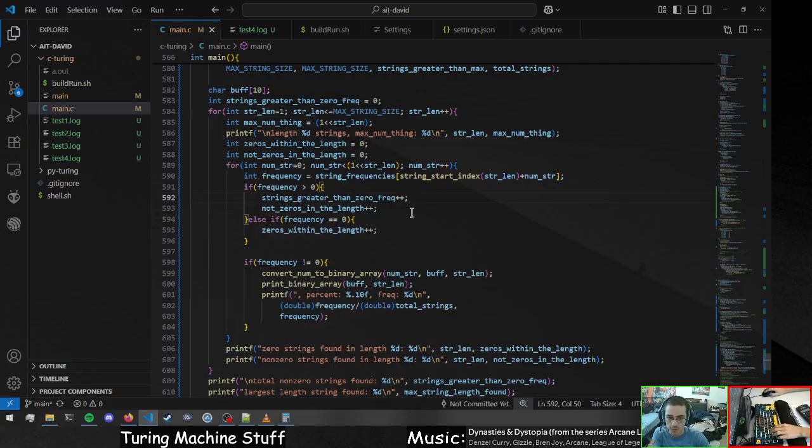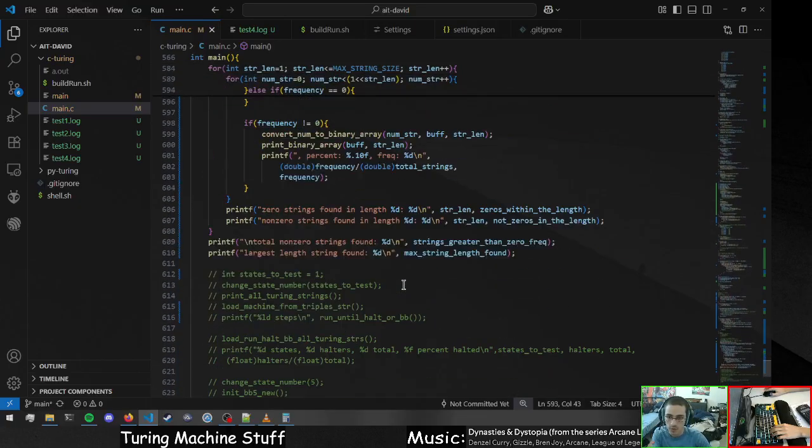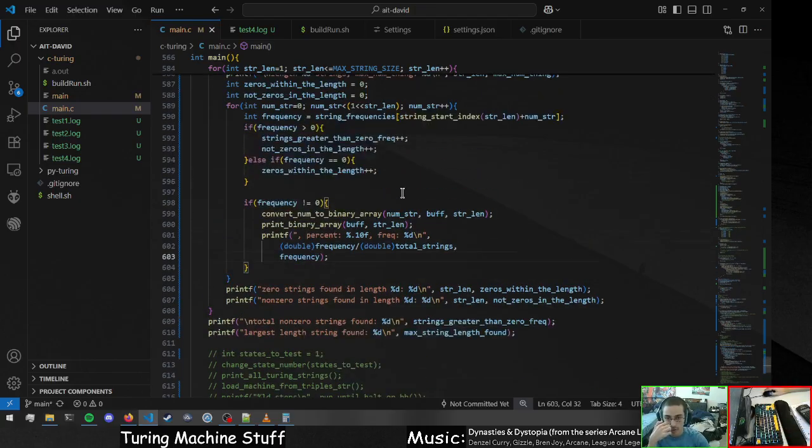What I want to do for my next step is make a calculator thing where it will print the frequency, or like it'll print the algorithmic complexity estimate that it has for a string.